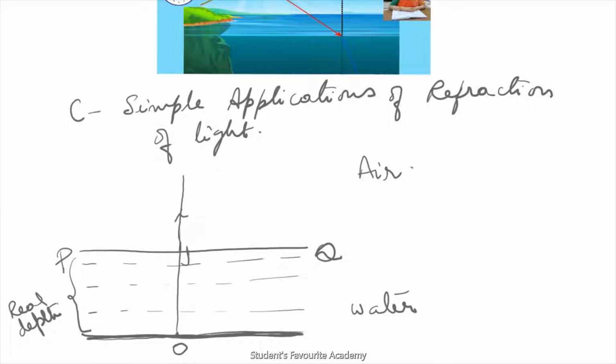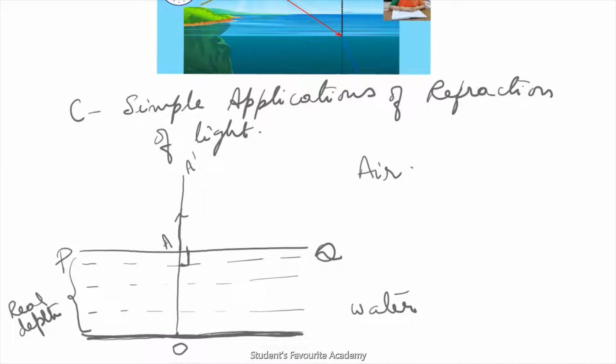So this is one light ray which goes undeviated. Say OA is the light ray which, after striking the surface, since it is striking at 90 degree, goes undeviated as AA dash, right?